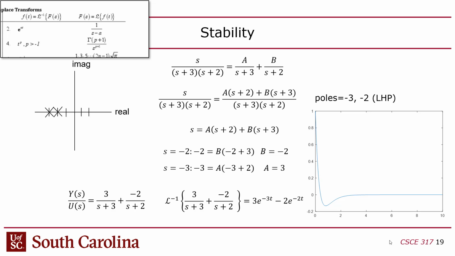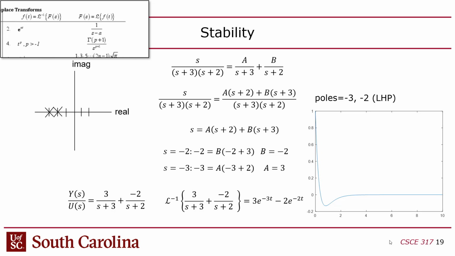In this case, I remember I started out with a single ratio, s over s plus 3 times s plus 2. So this is a single ratio of two polynomials of s, right? And my goal was to get it into a form that I could do the inverse Laplace transform, which is just 1 over s minus a.